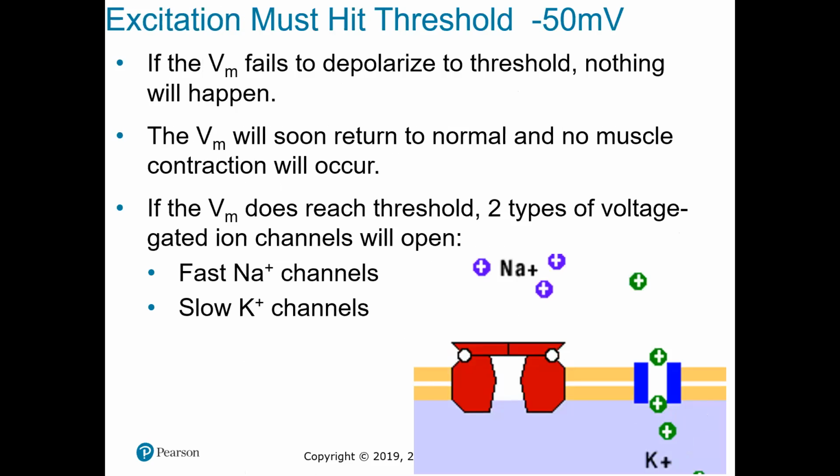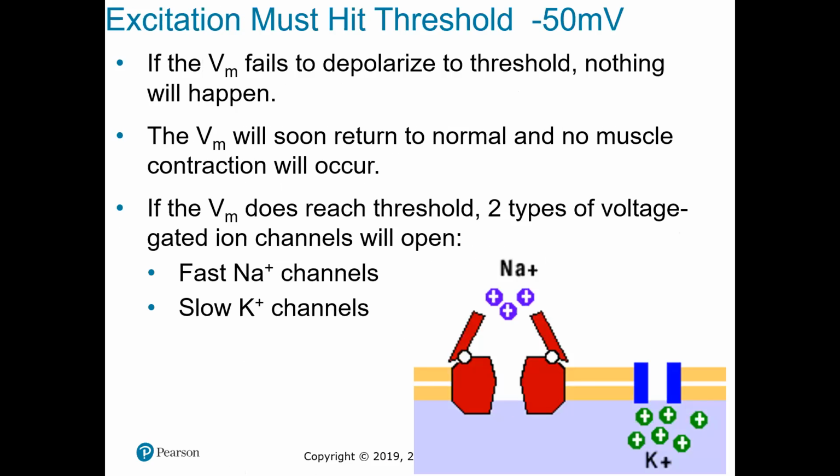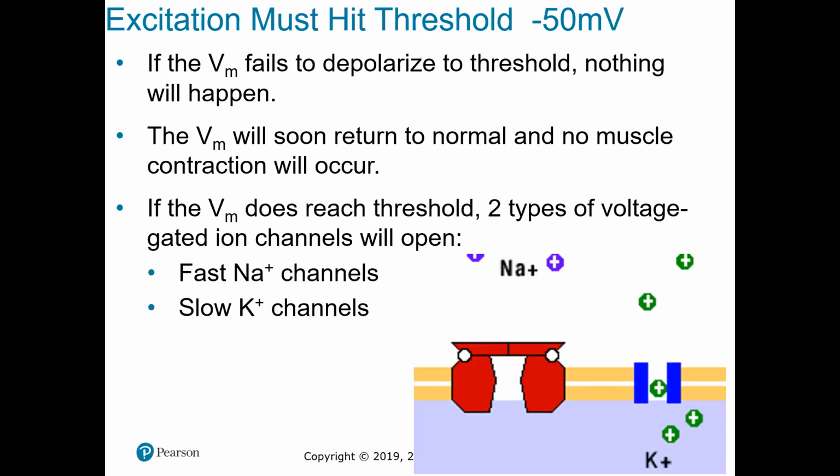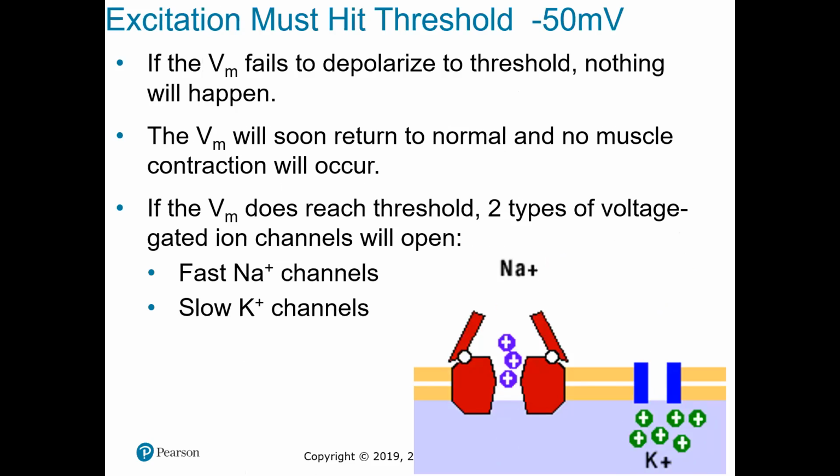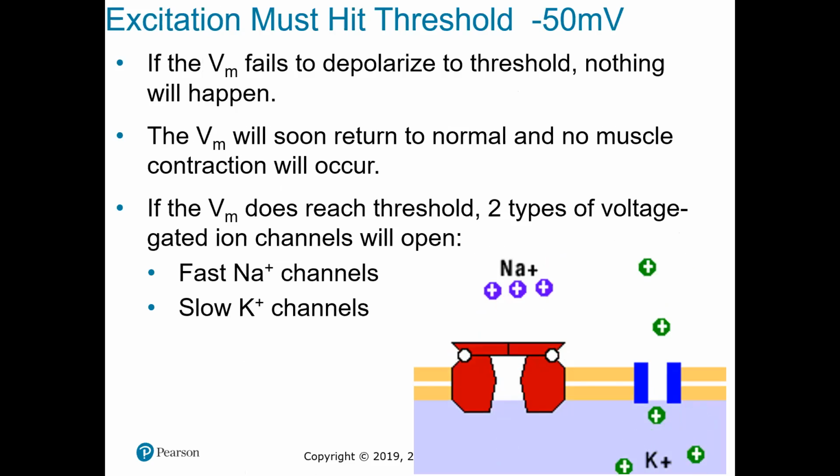So we got to hit minus 50. We hit threshold at minus 50, and the fast sodium gates open up. They'll stay open until we get to plus 30.